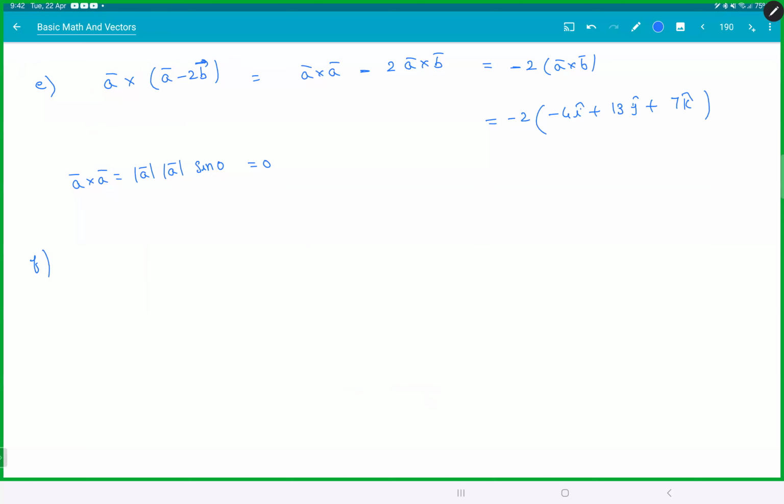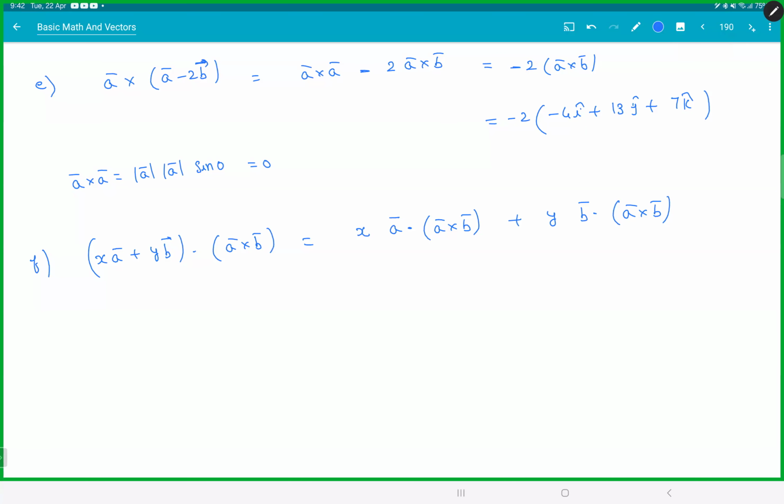F is an interesting one. XA cap plus YB cap. You can see and tell the answer here, but let me show you mathematically. I can split this: X into A bar dot A cross B plus Y into B bar dot A cross B. Just now we made a statement: the vector A bar cross B bar is perpendicular to both A bar and B bar.